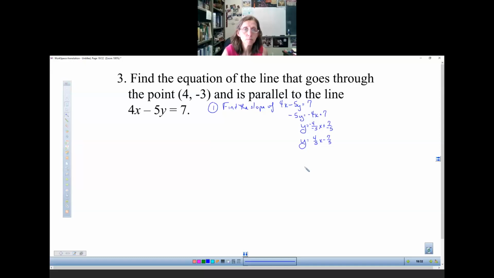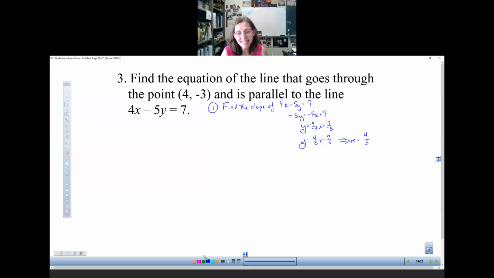So the slope then of this line is 4/5. So that's the first step. I know I said this was a long one.